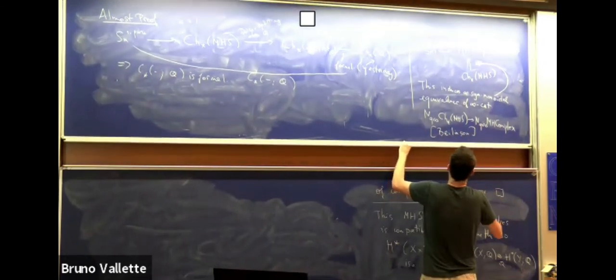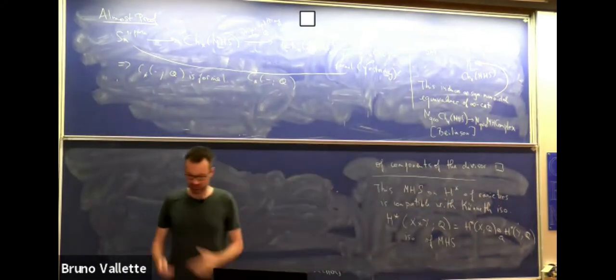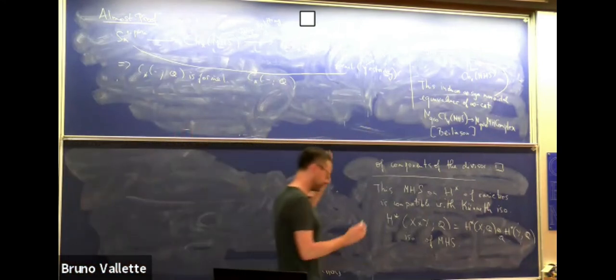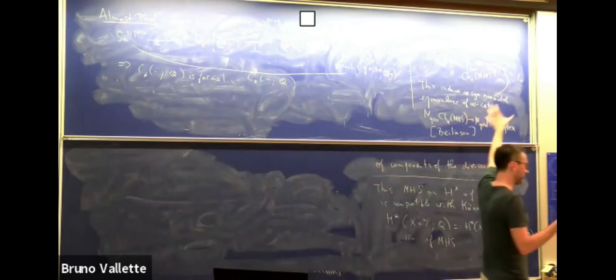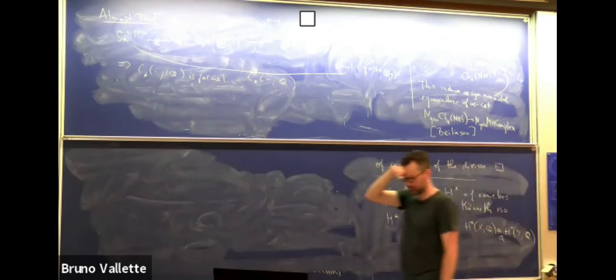So what Beilinson in fact proves is that this functor induces an equivalence at the level of homotopy categories. But it turns out that in that case, since both the source and the target are what's called stable infinity categories, being an equivalence at the level of homotopy category implies being an equivalence of infinity categories. So Beilinson really proves what I wrote on the board, even though he doesn't say it.